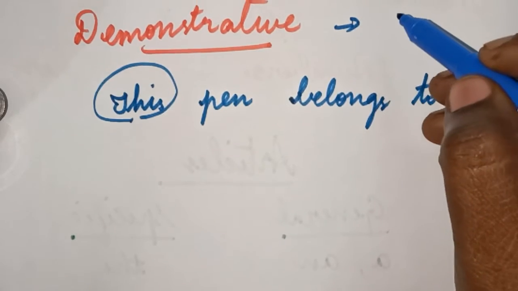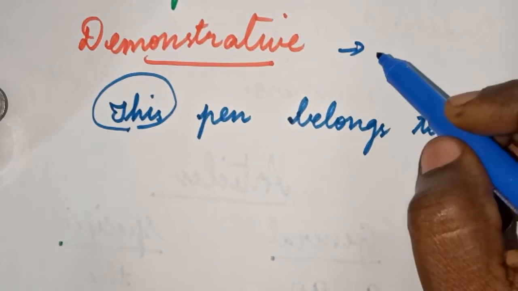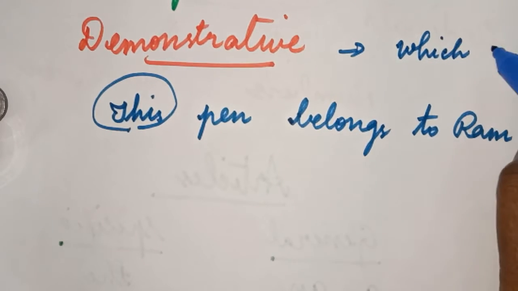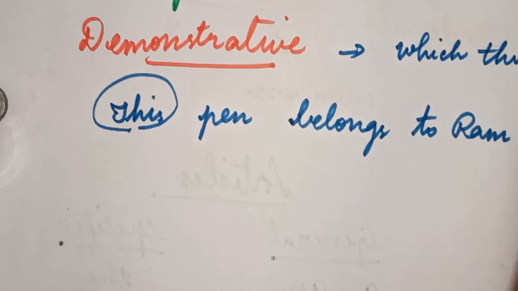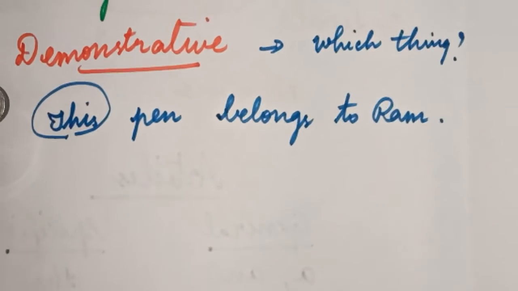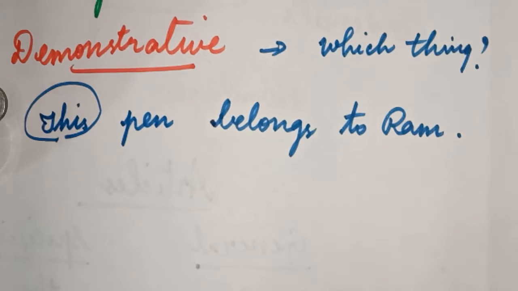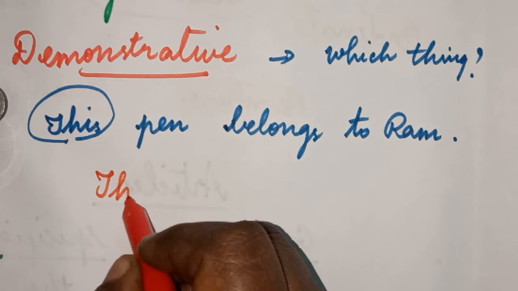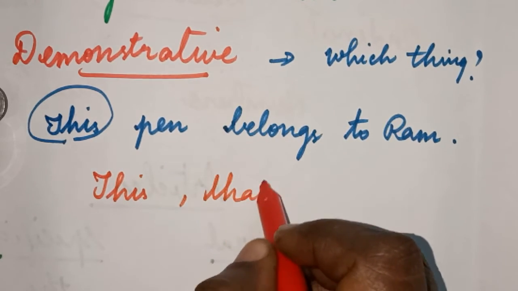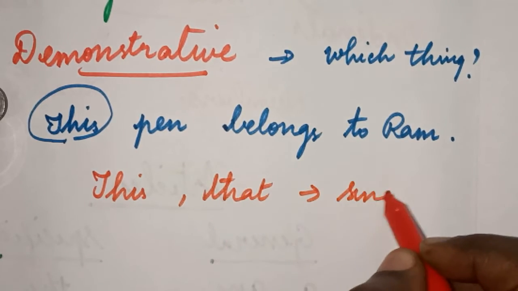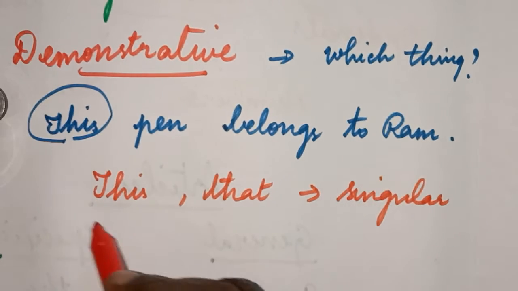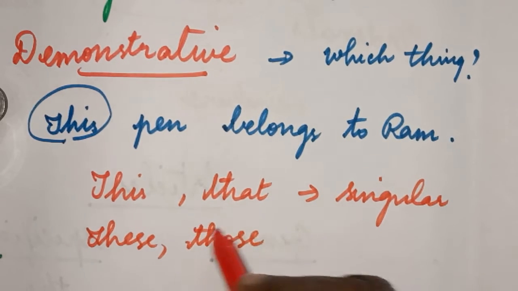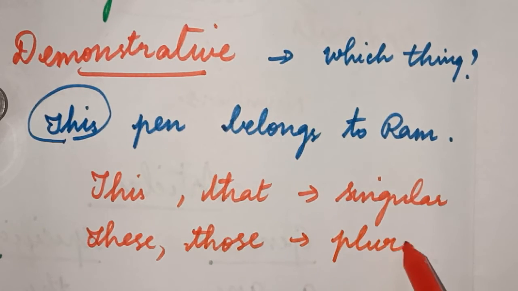A demonstrative adjective just tells about which thing. It can be singular or plural. Which thing belongs to whom? So here we have the demonstrative adjectives: this and that we use for singular, and these, those we use for plurals.